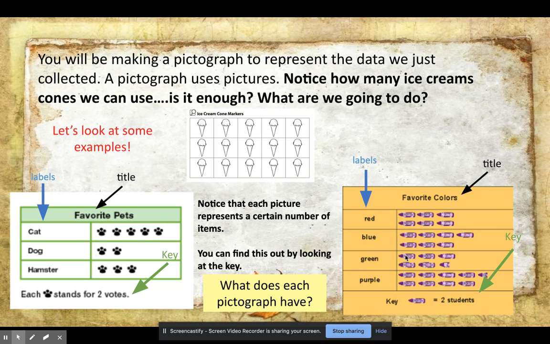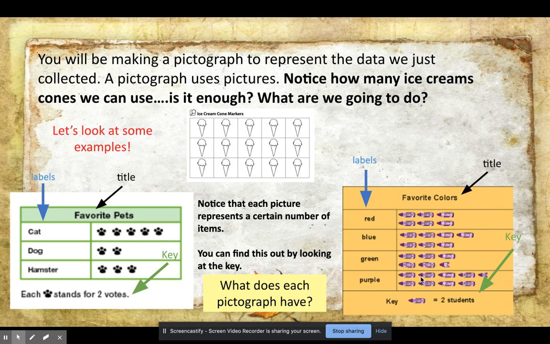Looking at our green, we have 2, 4, 6, 8, 10. And then it shows that we have half of a color. Well, we know that 1 full color means 2 people, so half a color has to mean just 1 person. So let's try this again. 2, 4, 6, 8, 10. Then that 1, which means 9 people voted for green. Let's look at the purple now.